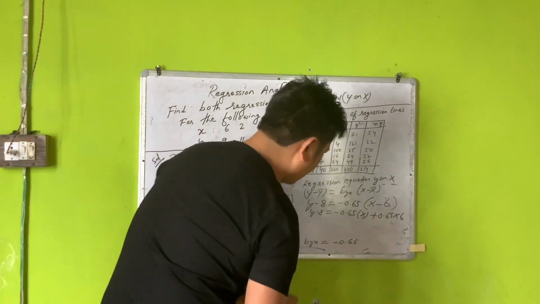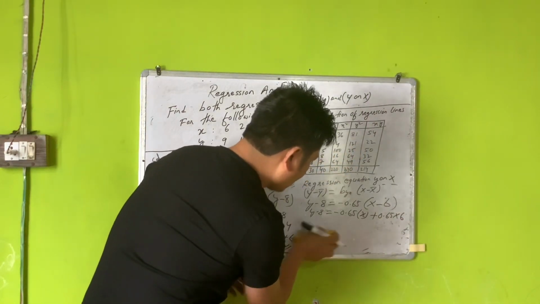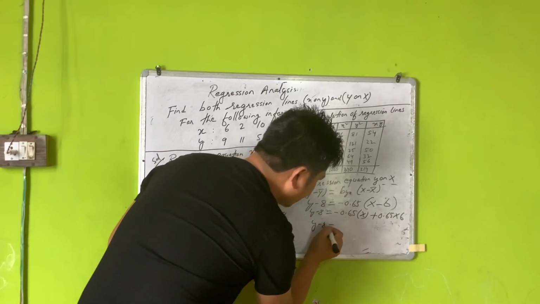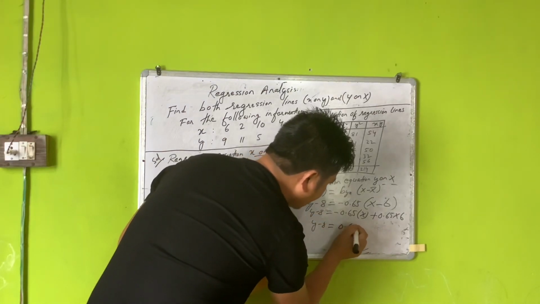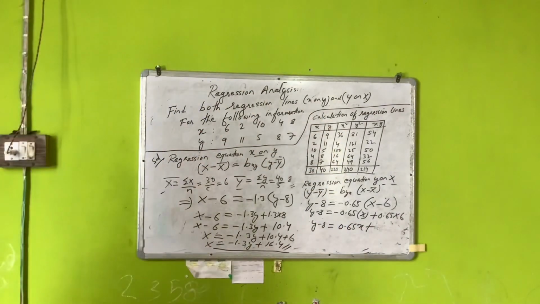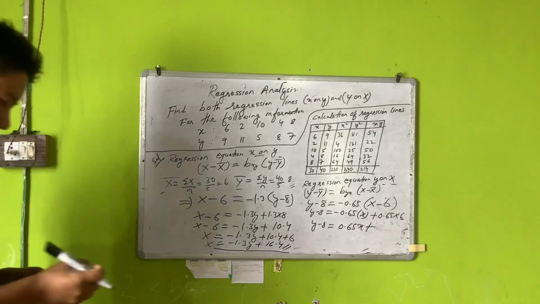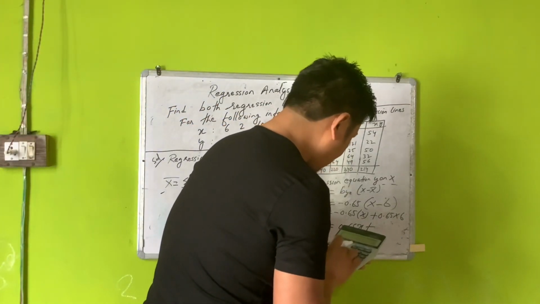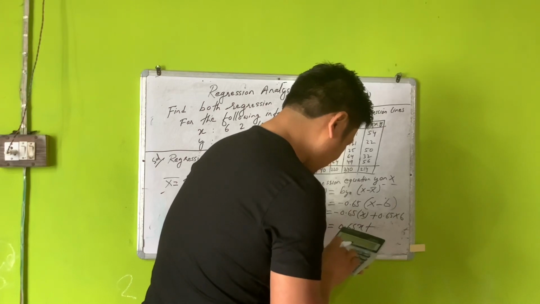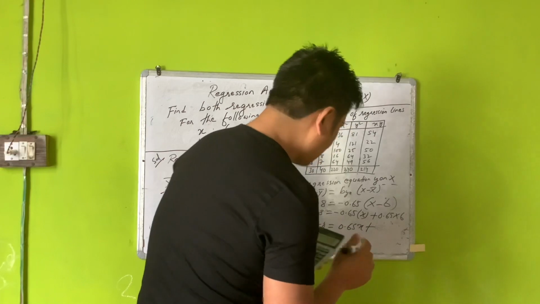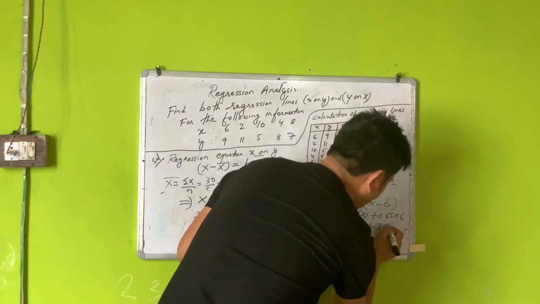So it will be how much? y minus 8 is equal to minus 0.65x plus, when you multiply 0.65 into 6, it will be 3.9.